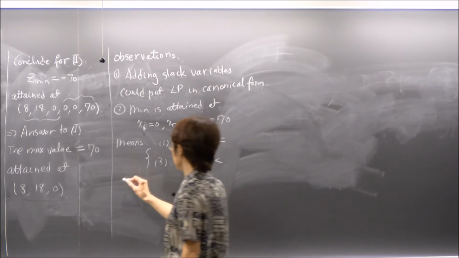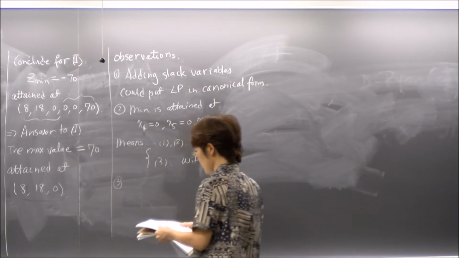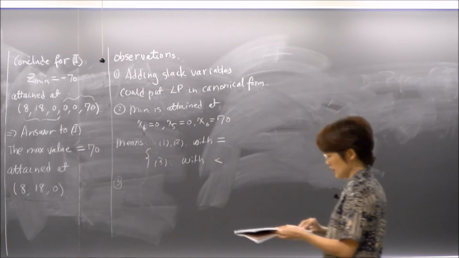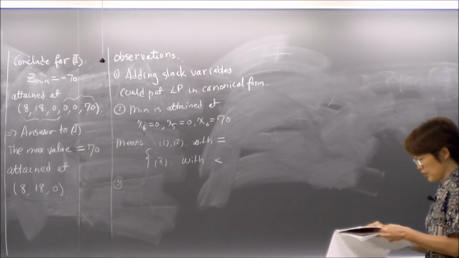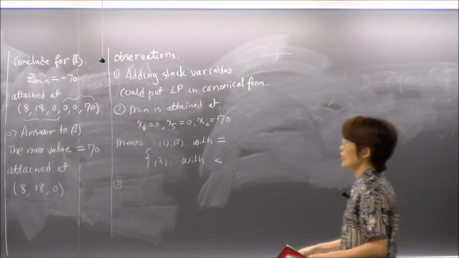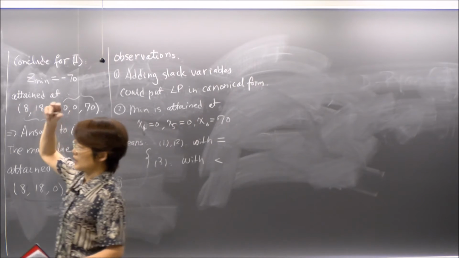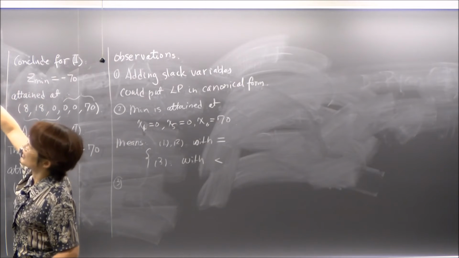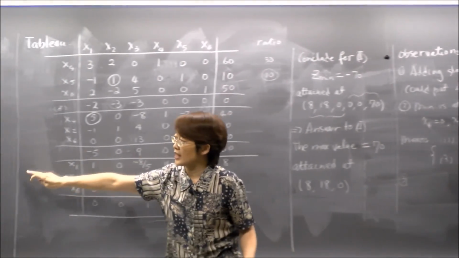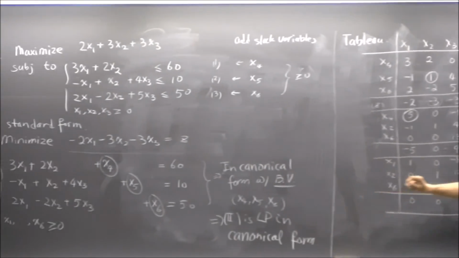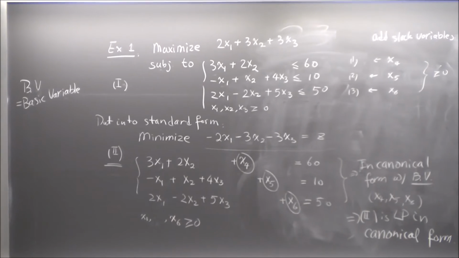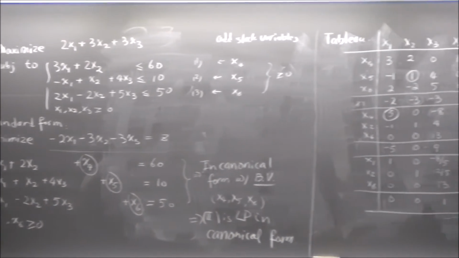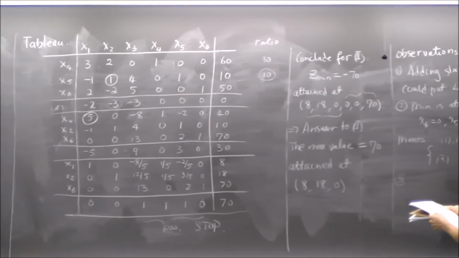Is that okay? Okay, so the third one I want to stress over and over. This is very, very important. That is, to begin, even before you start to put it in the Tableau form, you must have a canonical form of the linear programming. Otherwise, you can't start the Tableau. Is that clear? Right, so I want to put that.